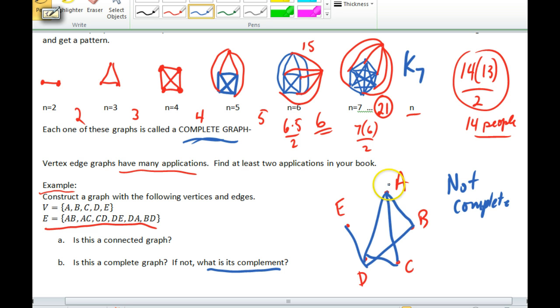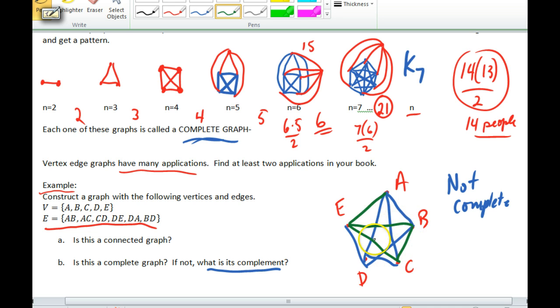So if we wanted to make this complete, that would give us the complement. So I'm going to draw here in green the actual complement that we would get here. So I'm going to take that edge, and then E to B, and E to C, and then I got to continue on with A to C. No, I got A. And so for B, I got to go to C, and then from C goes to D, E, A, B. So it looks like we are complete now.